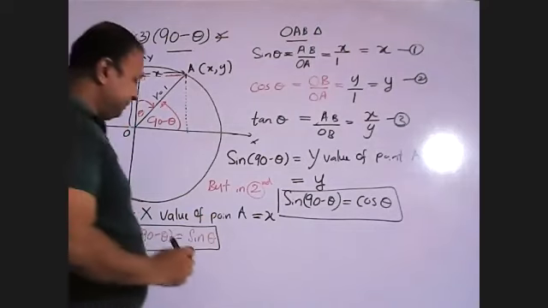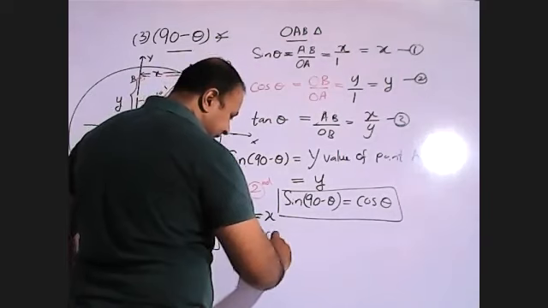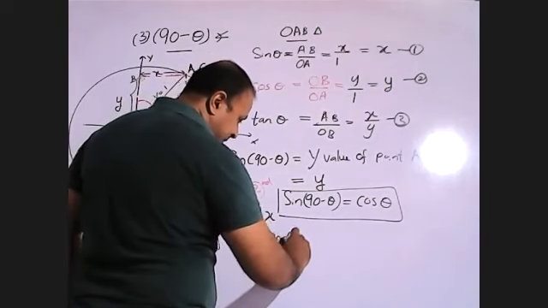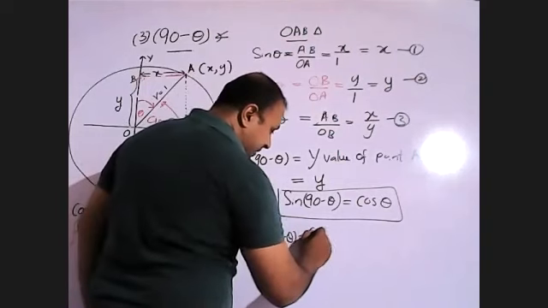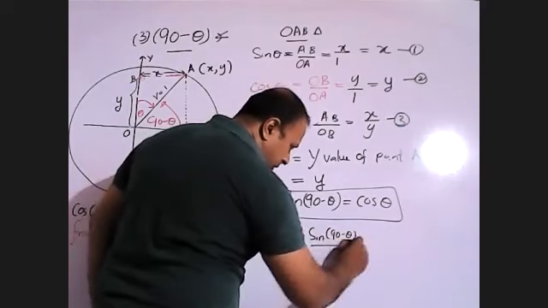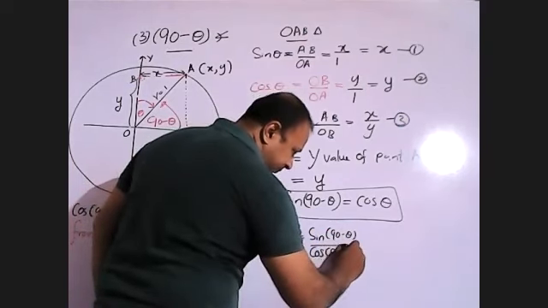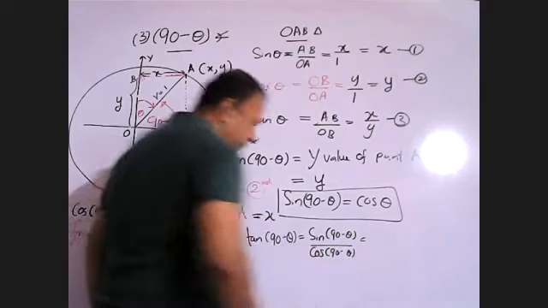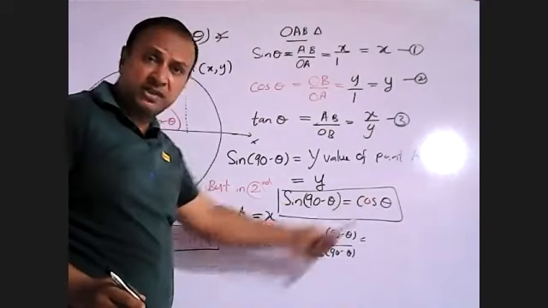Then again, the next one, tan 90 minus theta. It should be equal to sin 90 minus theta over cos 90 minus theta. Sin 90 minus theta is equal to cos theta.